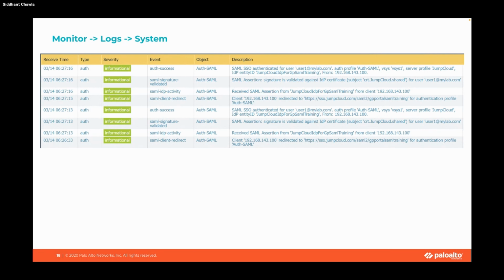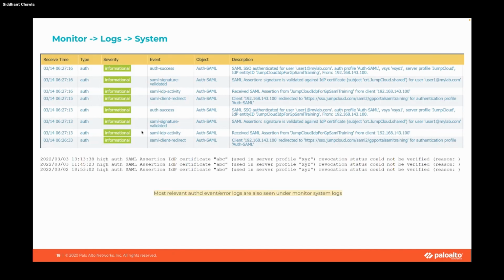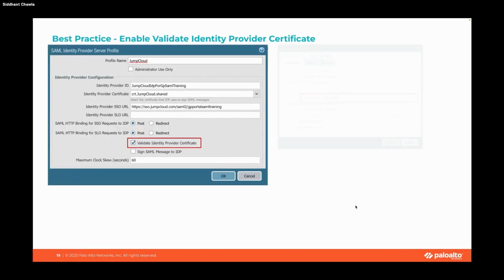They can definitely go through the system logs and GP monitor logs to see that. If there are some errors, we can obviously see those errors under the system logs and under GP monitor logs as well. Most relevant authentication log errors are also under the monitor system logs. Okay.